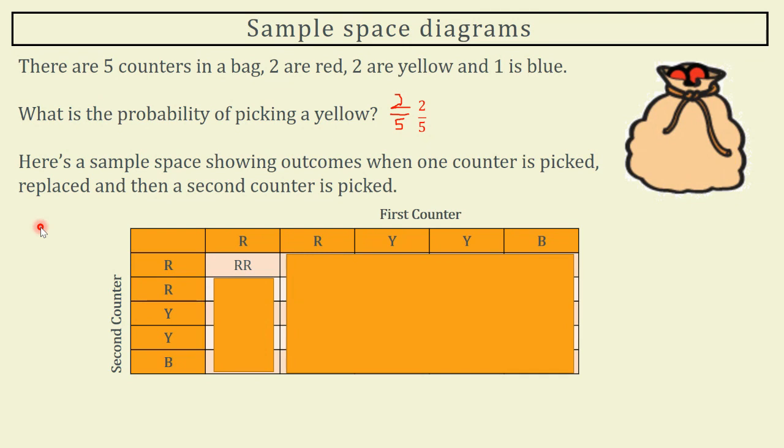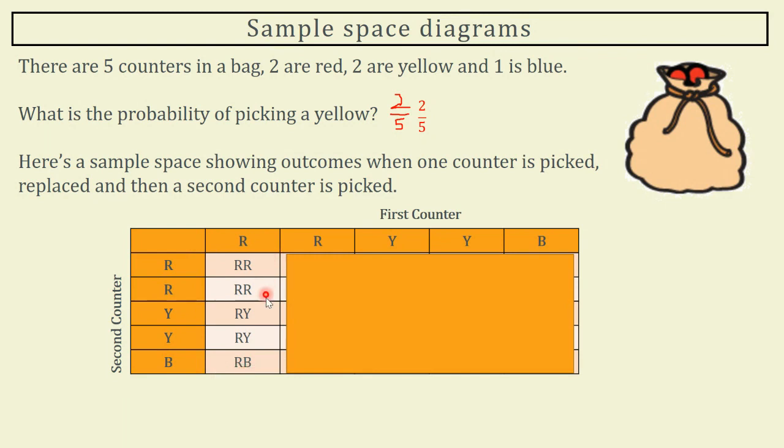So rather than doing a total like we were doing last time, we're just listing. We got red and then red. So if I look at the rest of that column, this is still red and then red. But this one here, I got red first and yellow second. So I'll write RY. This one, again, red first, yellow second, RY. And this one here, red first, blue second, RB.